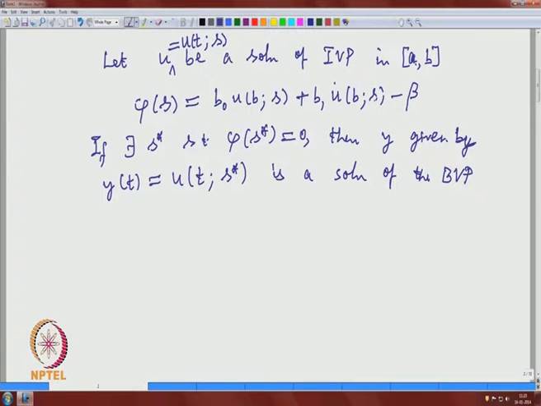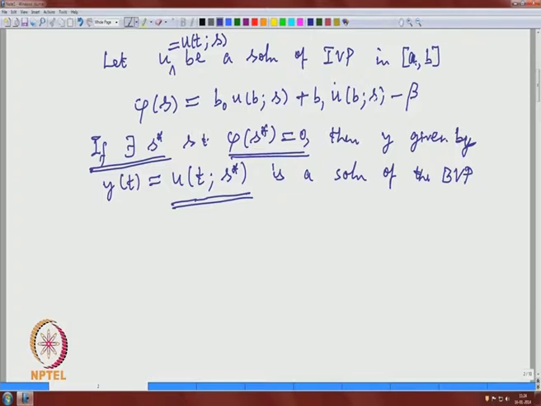So, in this approach we attack this boundary value problem through an initial value problem, and this is a big if. In general, for every s star satisfying phi of s star equal to 0, that means the roots of the function phi, we get a solution of the boundary value problem.